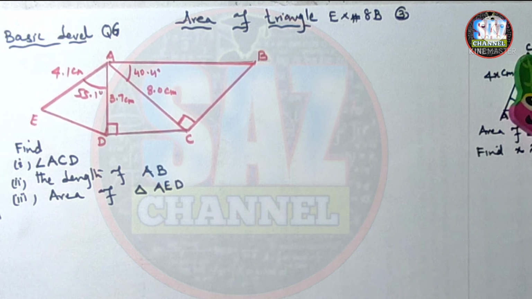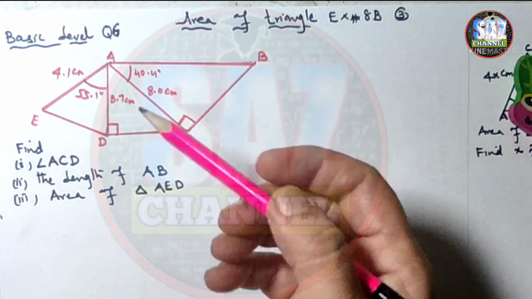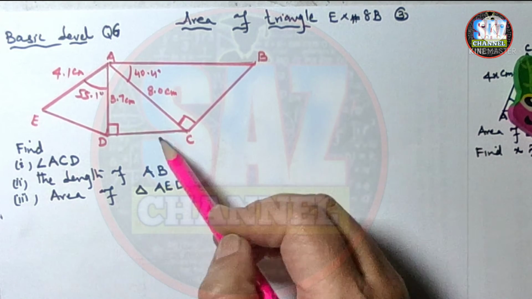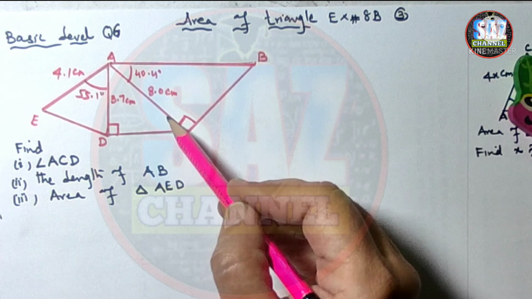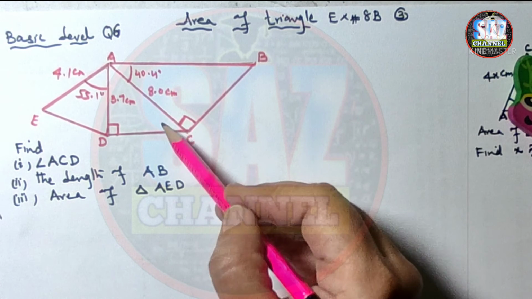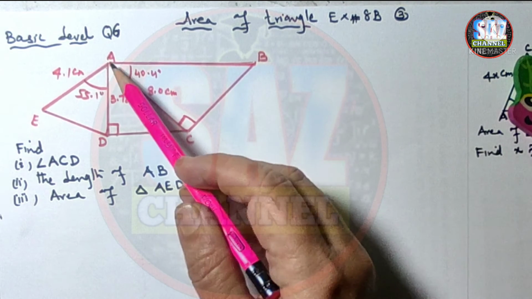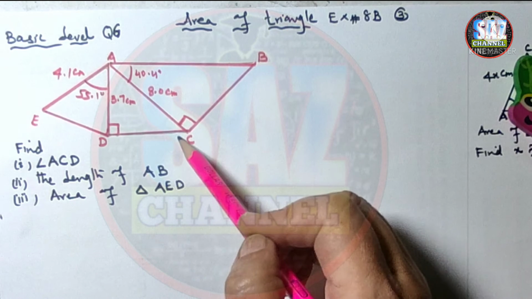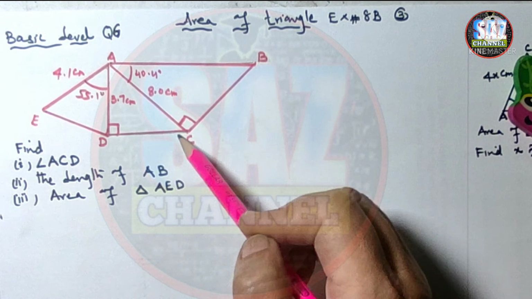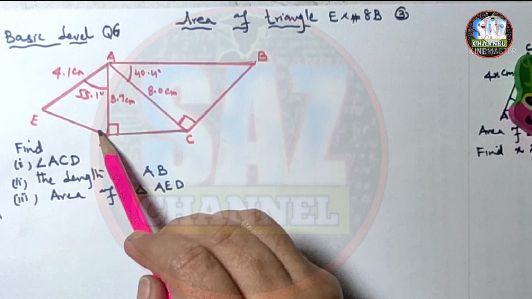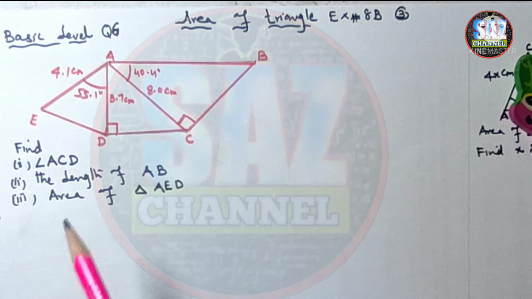The first requirement is angle ACD. So students, if we look at the diagram, we can see that this requirement is in the right triangle ACD, in which we are given two sides. One is 3.7 and one is 8.0.